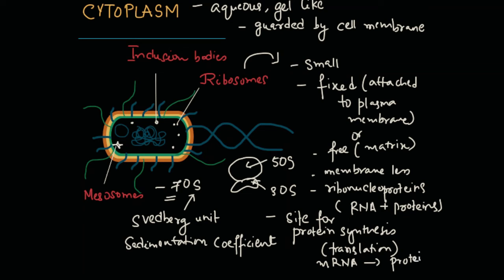Protein is synthesized from mRNA code. This process is called translation. Ribosomes can form polysomes or polyribosomes. And these polysomes or polyribosomes can attach to single mRNA during translation and generate multiple copies of a protein.